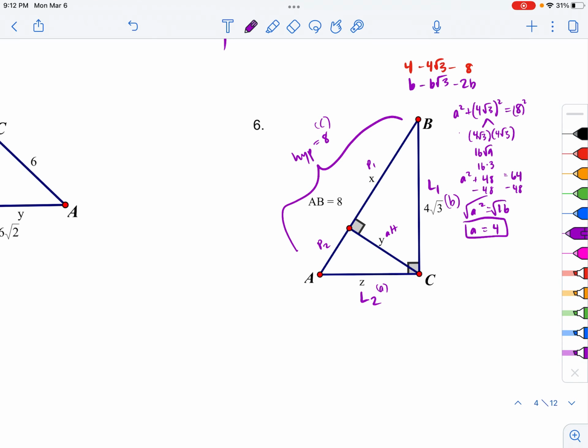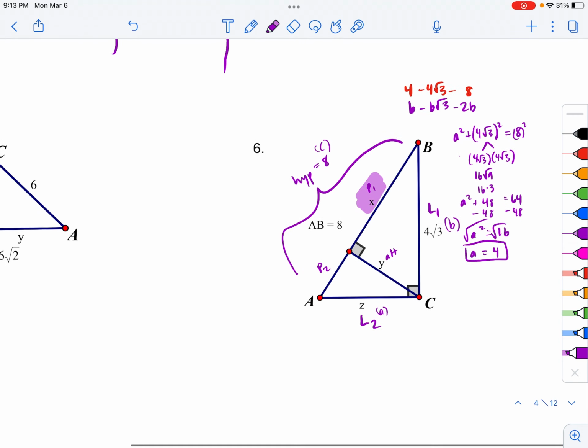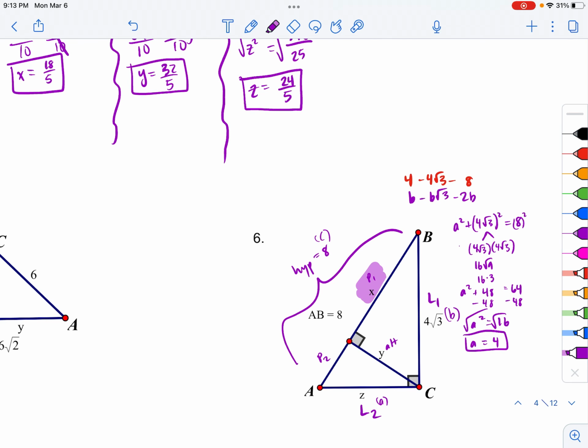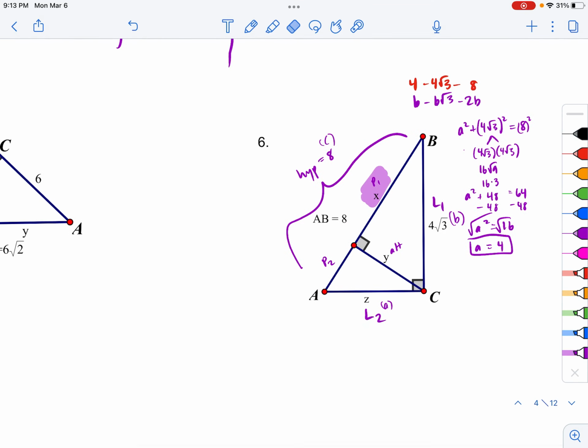So let's continue. Let's look for our part 1. Actually, we could have even done this without solving for leg 2. We didn't need it, but we'll go ahead and start solving for part 1 here.